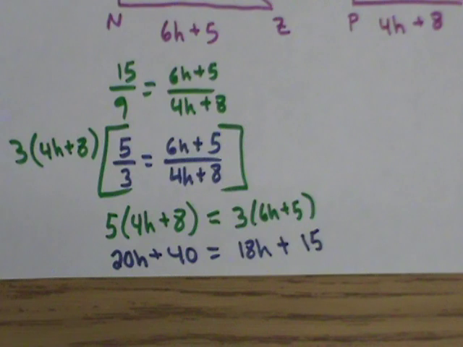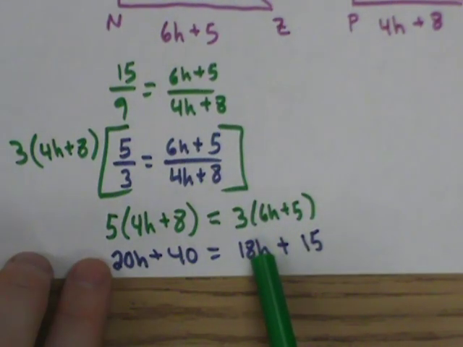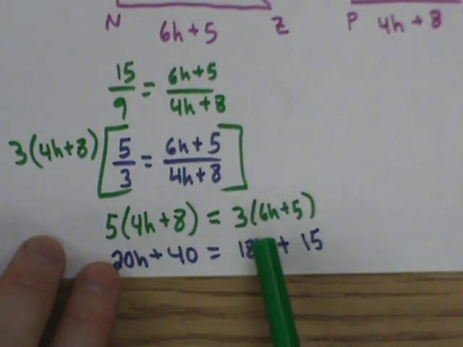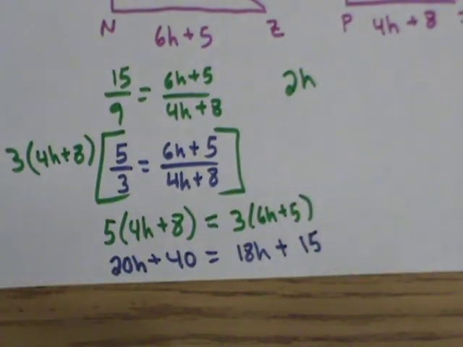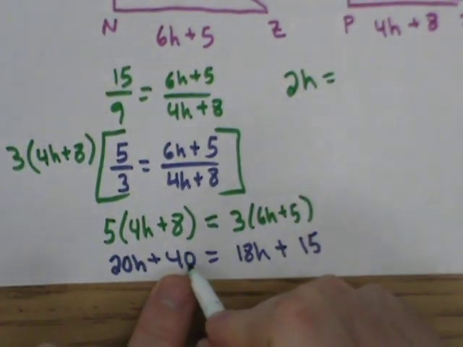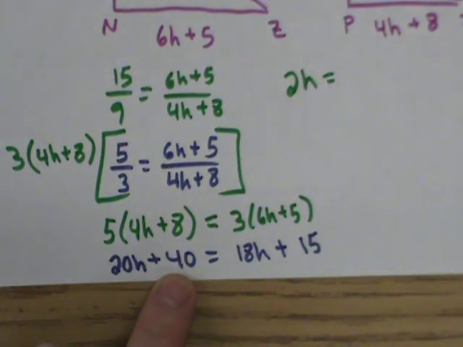As I move those terms, this 18h would come over, so 20h take away 18h is going to be 2h. And then I would take this 40 over. As I take the 40 over, that's going to be 15. I'm pausing because it kind of scares me there. Sometimes when you work these problems out, you're going to get crazy answers.